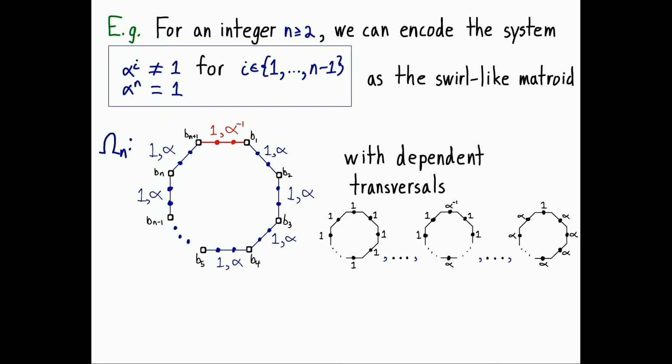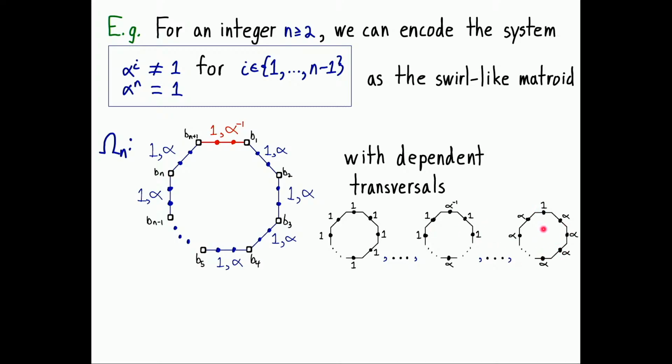So this dependency does ensure that the elements, the points in each line that we've labeled 1, are indeed 1s, up to row operations. This collection here, where we have 1 for each of the other lines, ensures that the alphas are in fact the same value.